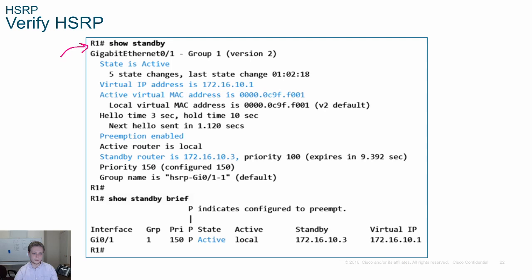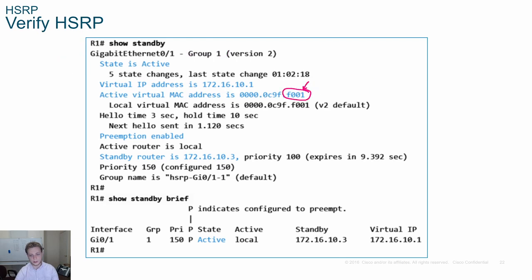Now we can do our show standby and verify that our state is active. How many state changes we had, the virtual IP address, right? Again, this is going to be the IP address we use as the default gateway. The virtual MAC address, which actually you'll see here, is group 1. These 3 numbers here in hex, let me clear it out here.